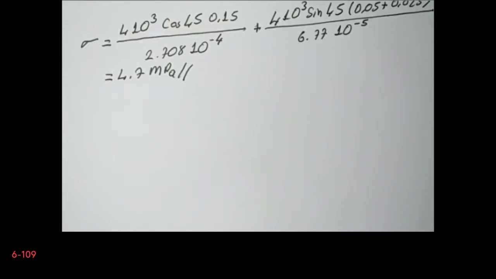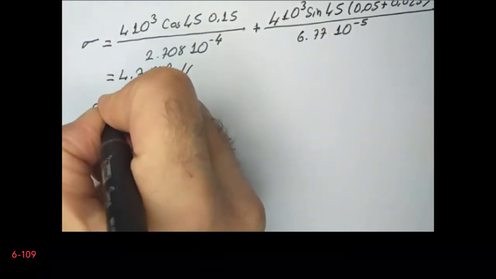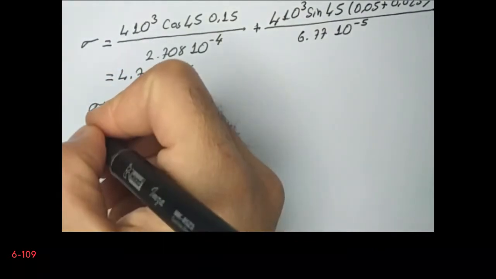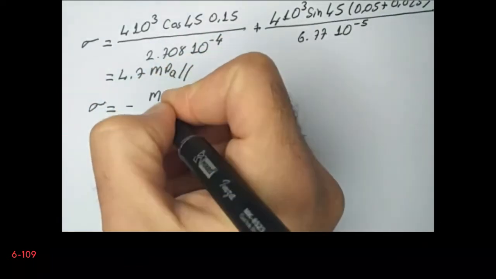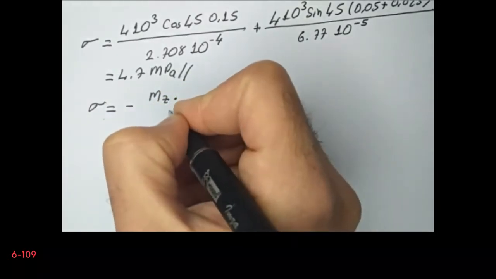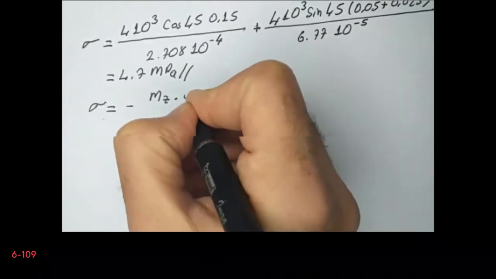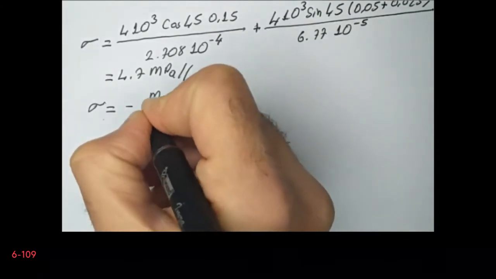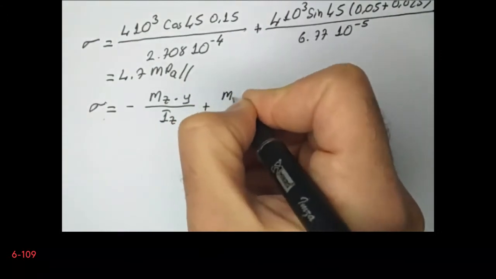Sigma is equal to minus Mz multiplied by y divided by Iz plus My multiplied by z divided by Iy.